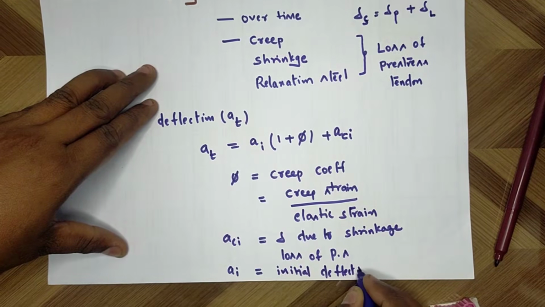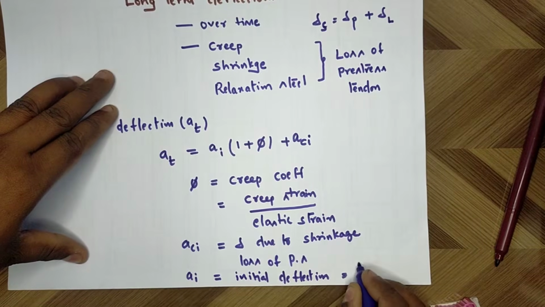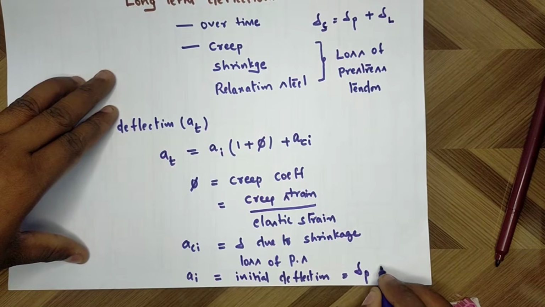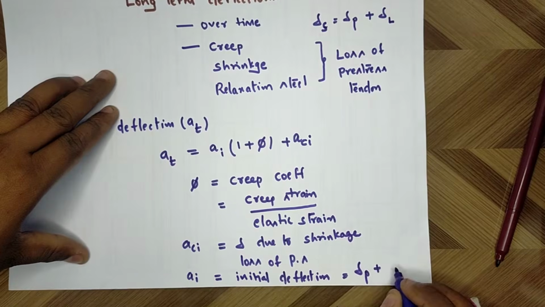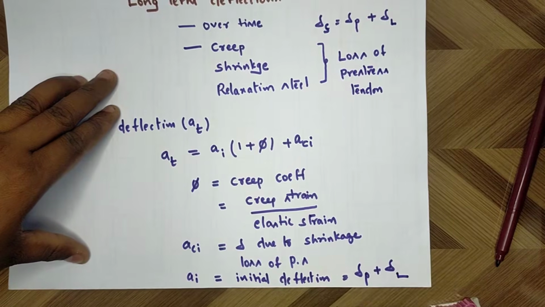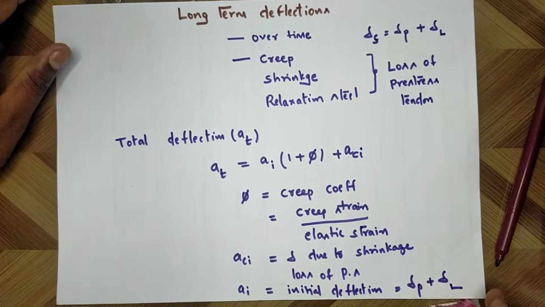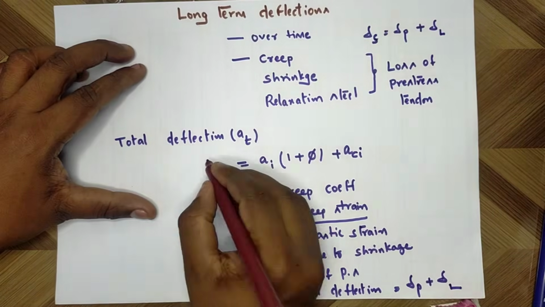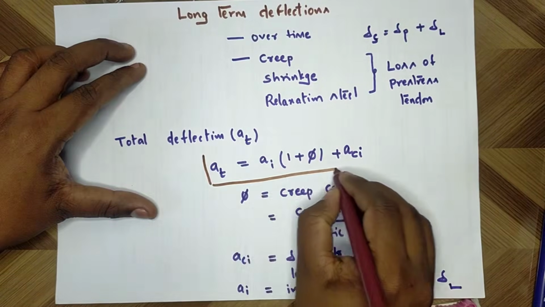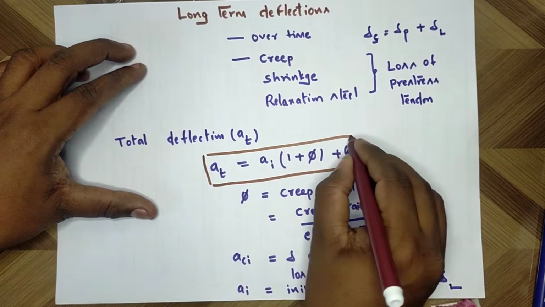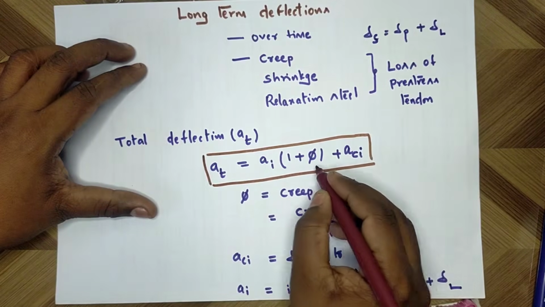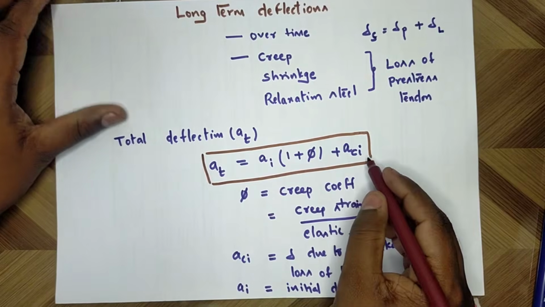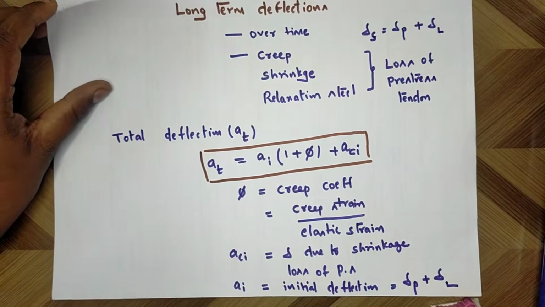Already we know this one. Initial deflection is equal to deflection due to prestressing force plus deflection due to load. Right? Are you clear? Total deflection is equal to initial deflection times 1 plus phi plus deflection due to shrinkage and prestressing steel.